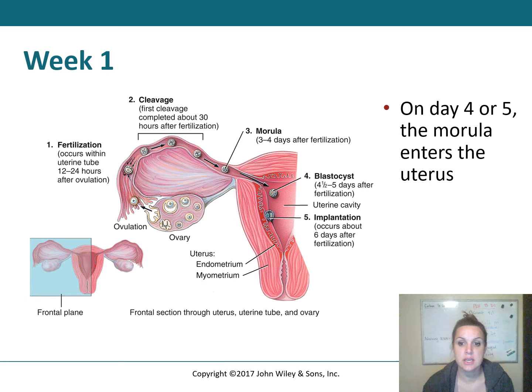What's interesting is that fertilization occurs in the uterine tubes, and all this cell division is occurring as the zygote is moving down the uterine tubes. The first cleavage occurs about 30 hours after fertilization. By the time it's a morula, it's 3 to 4 days after fertilization, and about 4 or 5 days after fertilization, the morula is going to enter the uterus.